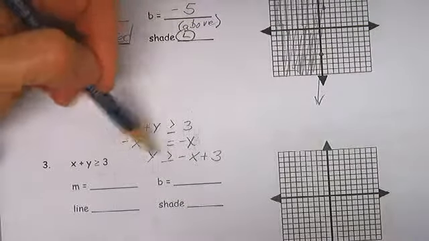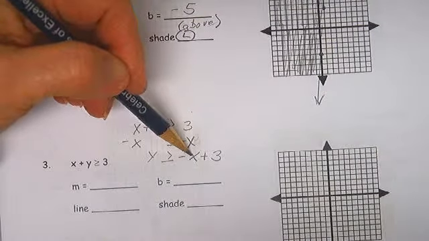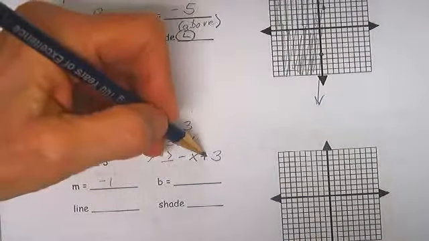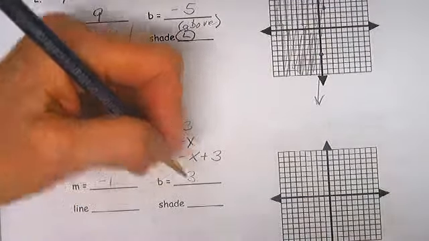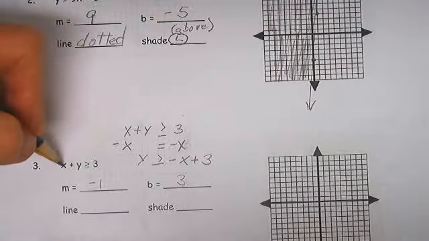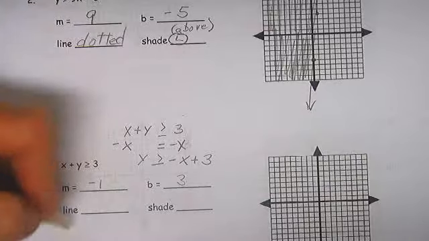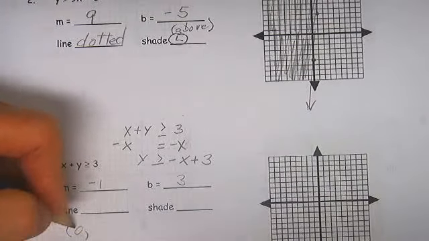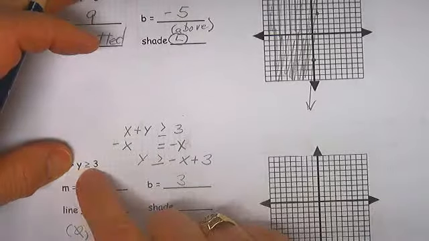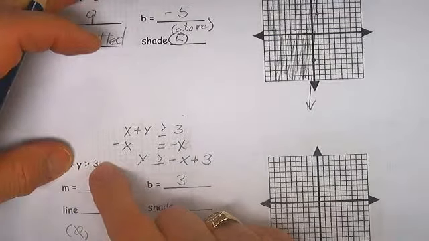So if we do it this way, our slope is -1. Our y-intercept is 3. What if we don't want to do that? Well, let's test what happens if x is 0. If x is 0, what happens to y? Y has to be greater than or equal to 3.